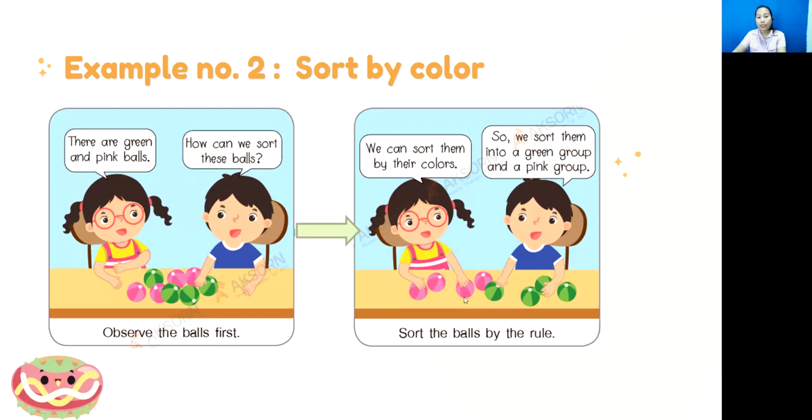First, you need to look at which balls are pink and which are green. So we can also sort things by colors, not only by sizes but by color also or by their kind. We can also group things with the same characteristics and different characteristics or similar properties, okay?